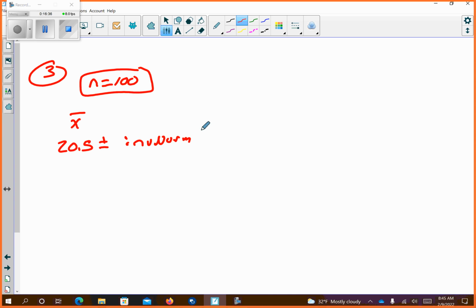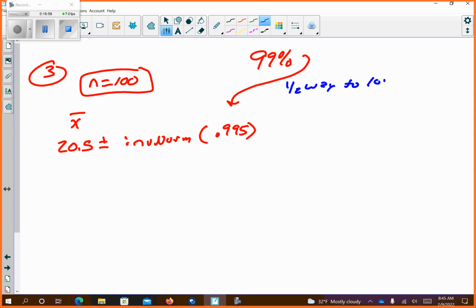So inverse norm. Now, they want a 99% confidence interval. So what do we plug in there? 0.995. Why is it 0.995? You're absolutely right, but why is it 0.995? Yeah, so this is the halfway to 100. That's kind of the idea.